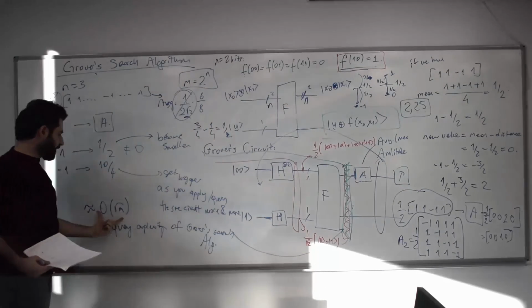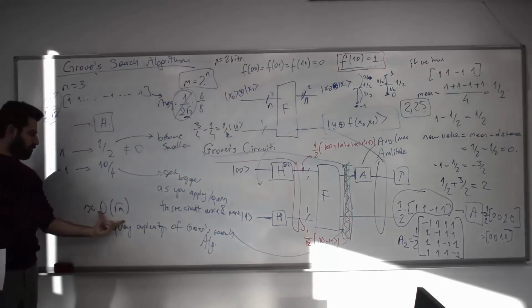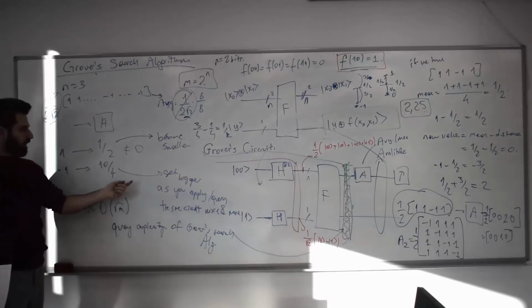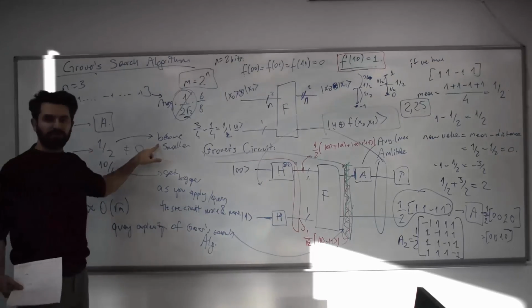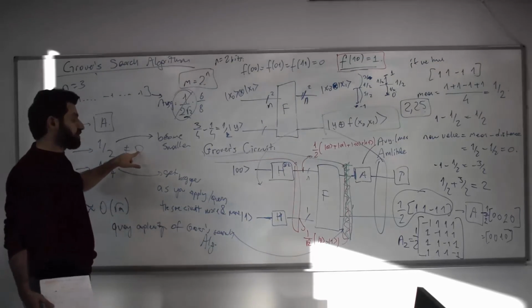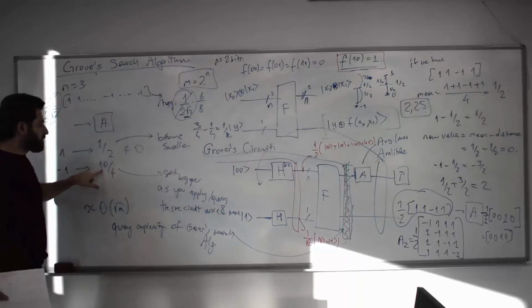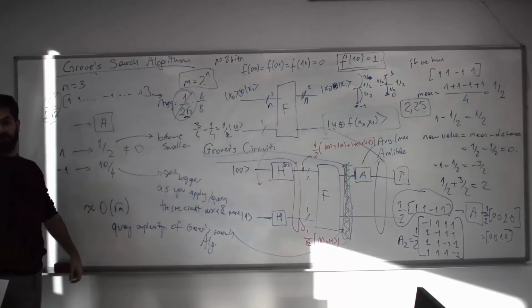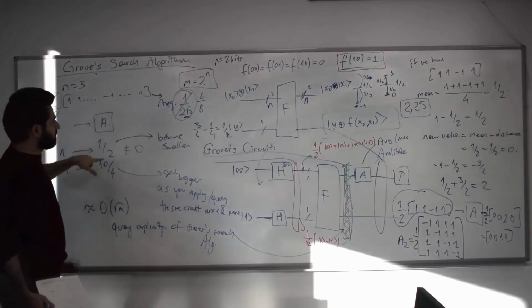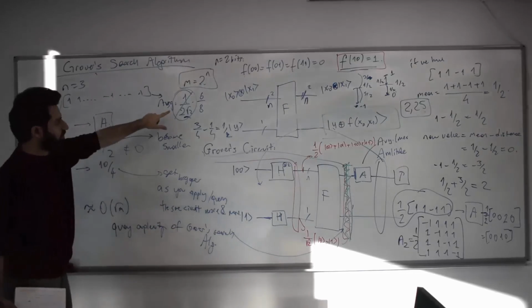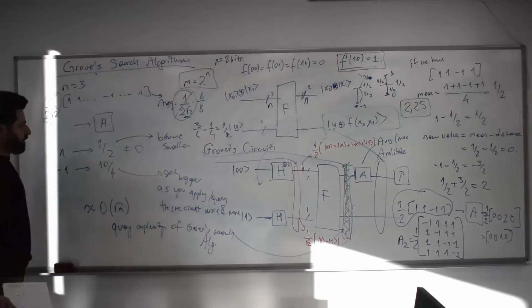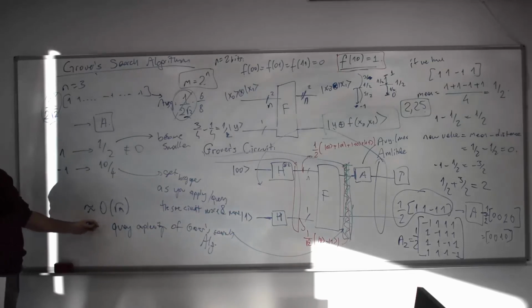If you apply it around square root of m times, then you actually get this to be very, very close to practically 0, and this to be almost equal to 1, with all these coefficients multiplied, of course. You have to also think about these coefficients here. That is what the paper shows.